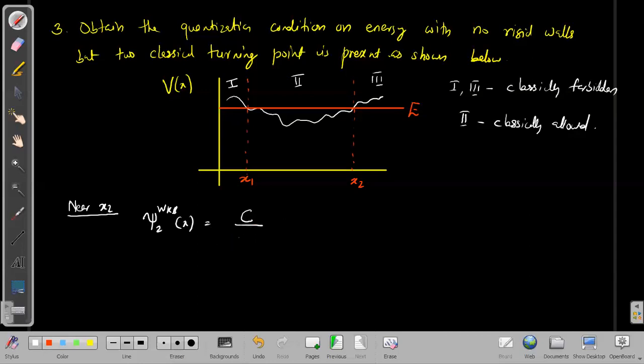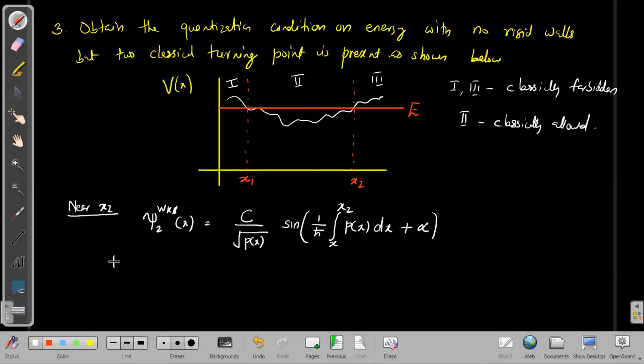So it can be written as C by square root of p of x, sine of 1 by h cross integral x to x2 p of x dx plus some arbitrary constant.